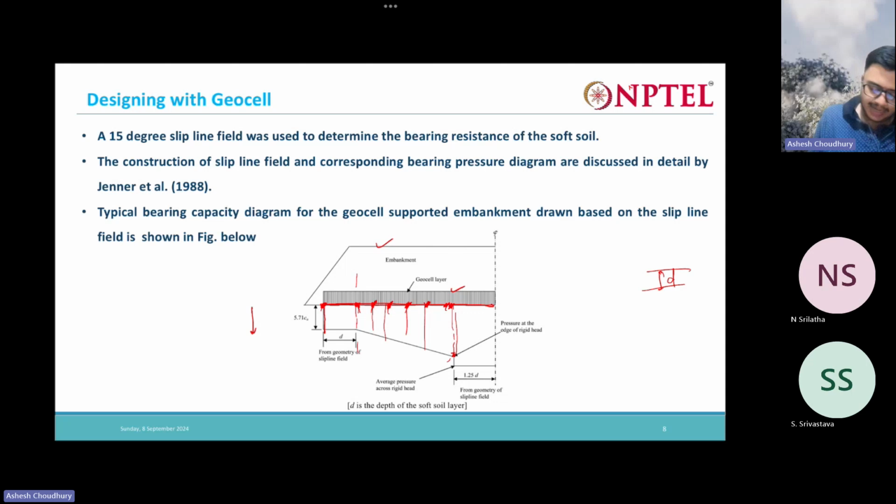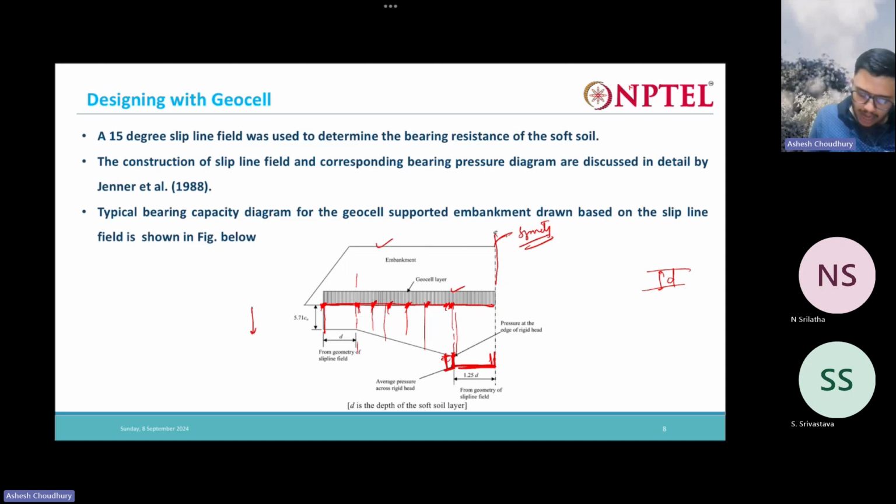Now it is said that at a distance of 1.25 d there is a constant decrease, and this remains the same. So this is the line of symmetry. This is the embankment, so at the center we are drawing this line. This is the line of symmetry, and from here to here we have a certain increase, and this remains constant up to a distance of 1.25 t.